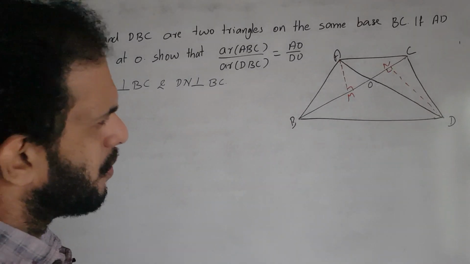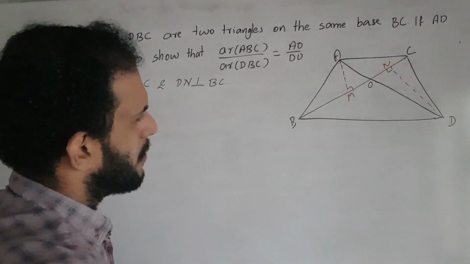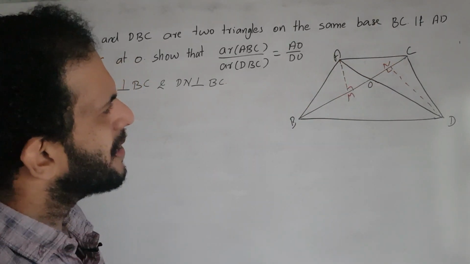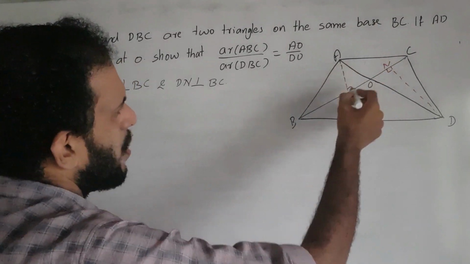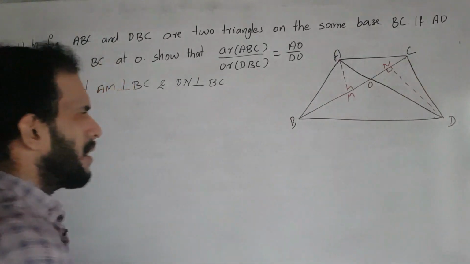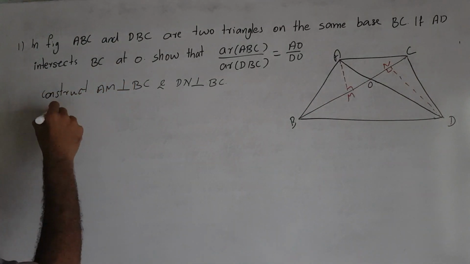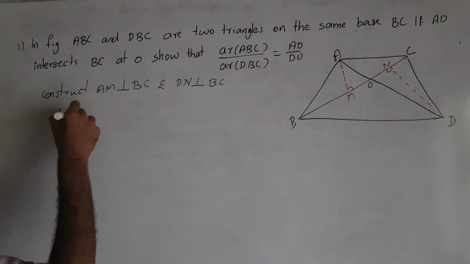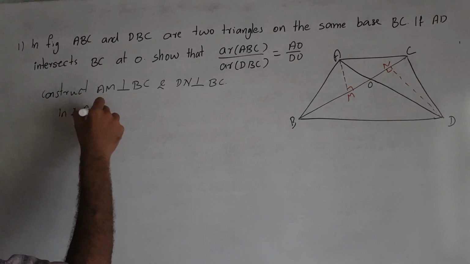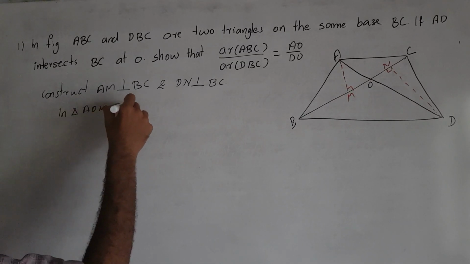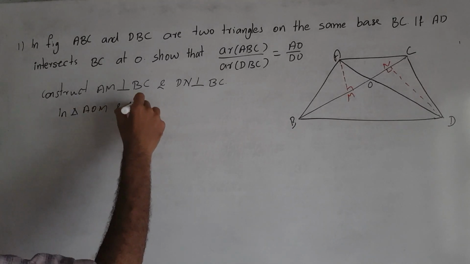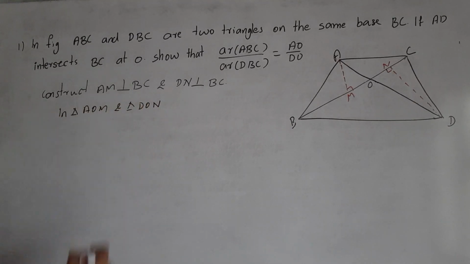Then we get the triangle AOM and triangle DON. Then we choose those triangles now. In triangle AOM and triangle DON, what do we get equal there?